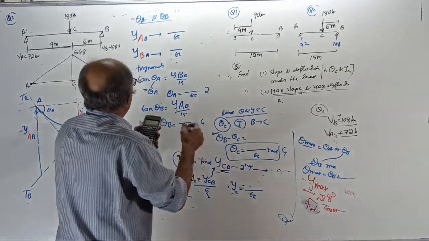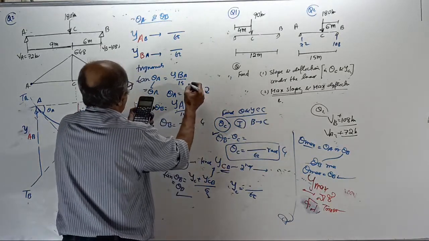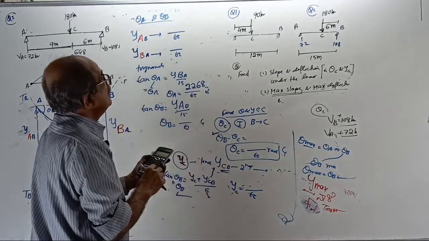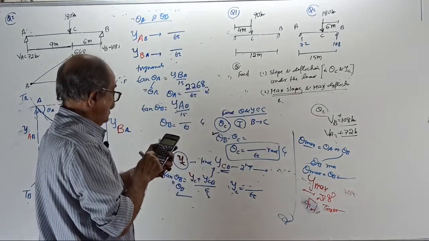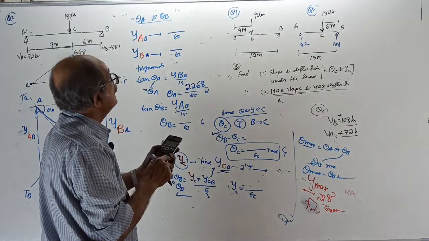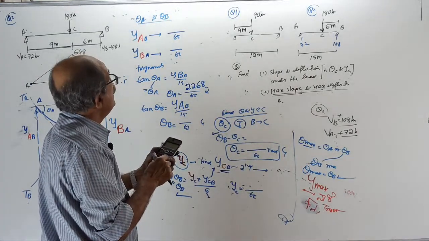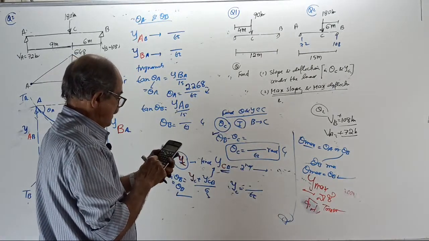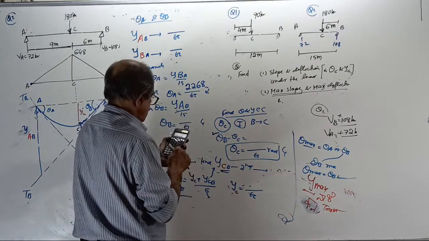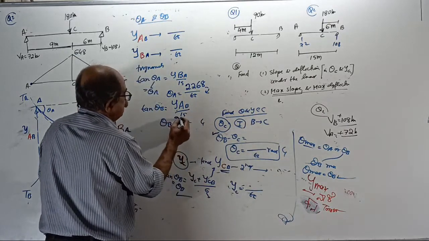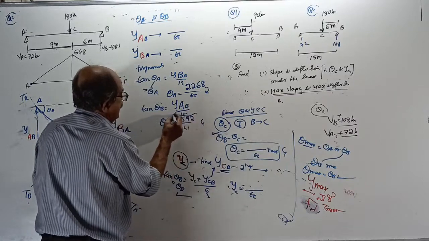Your theta A will come, theta A, 2268 by EI. Theta B will come 2592 by EI.